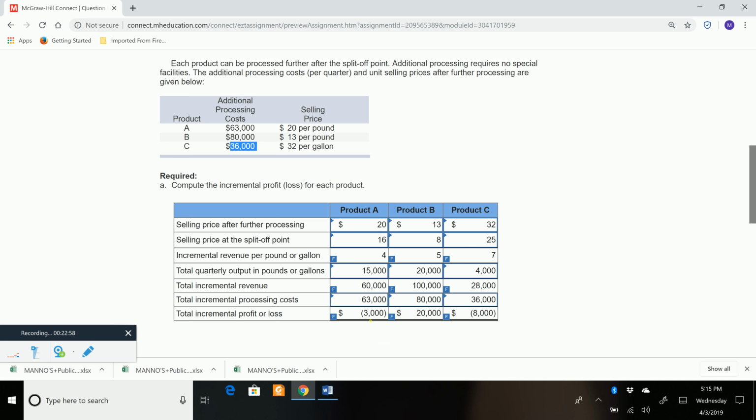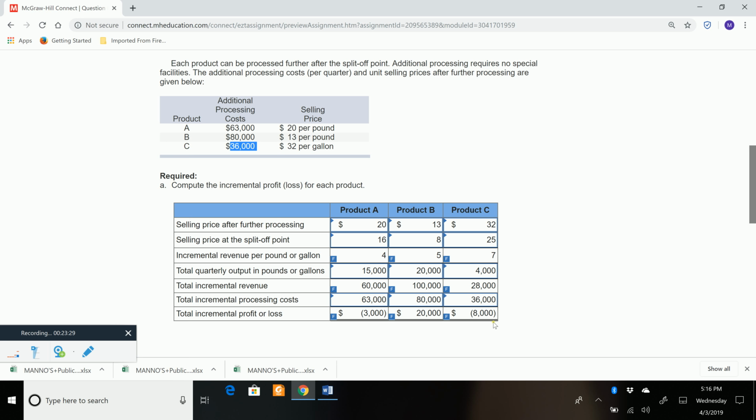Well, that's not worth it because the additional processing costs are more than the revenue we would bring in if we processed further. Product B, $13 selling price if we process further, less 8 at the split-off point. That's incremental revenue, additional revenue of 5 times 20,000 pounds. That's additional revenue of 100,000. And the additional processing cost would be 80. That's worth it. You can see we actually make money if we process further on that one.